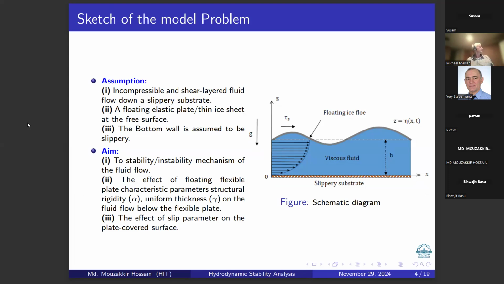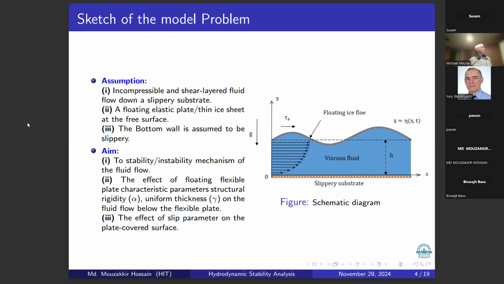The assumption is an incompressible shear layered fluid down a slippery substrate at the bottom, and a floating elastic thin ice sheet at the free surface. The bottom wall is considered slippery, which may be porous or have simple cracks, and the range of the wall slip parameter is from 0 to 0.3 in this work.